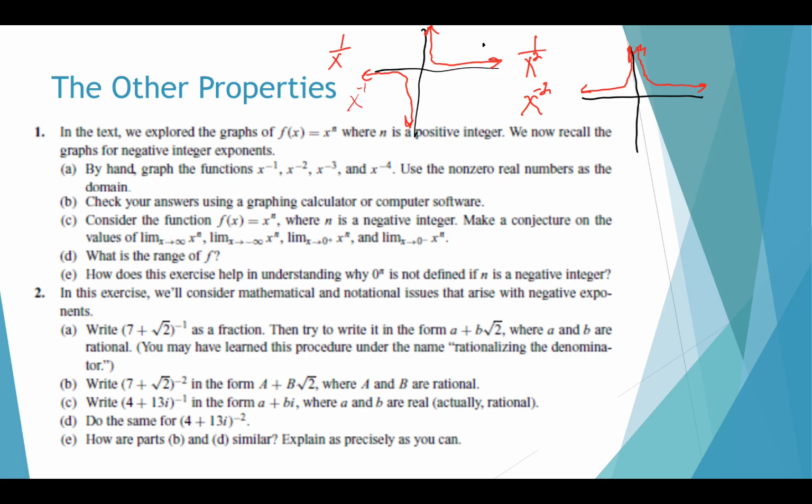Whereas this will become a negative value, right? And we can see that if I look at x to the negative 3, and this is x to the negative 3, we really expect kind of the same thing.